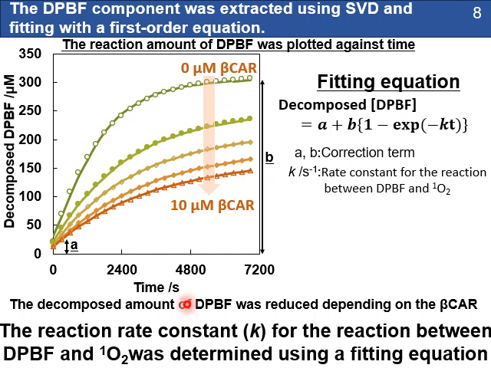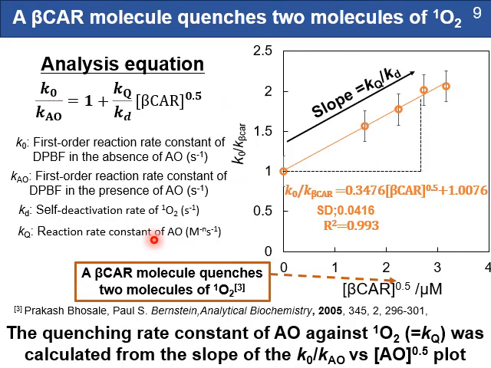So the reaction rate constant k for the reaction between DPBF and singlet oxygen was determined using a fitting equation. Since we were able to calculate k, we used the analysis equation to determine the reaction rate constant kq between singlet oxygen and the antioxidant.